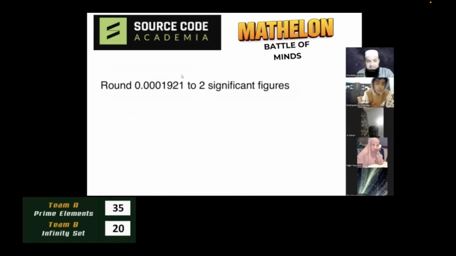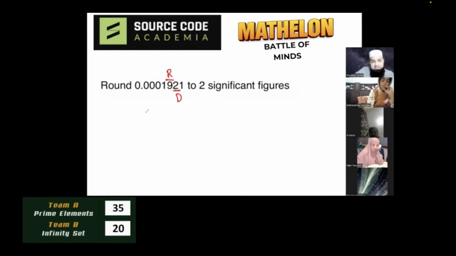You can see here, let me guide you. This is the second significant figure, which will be the rounding digit, and that is the decider.